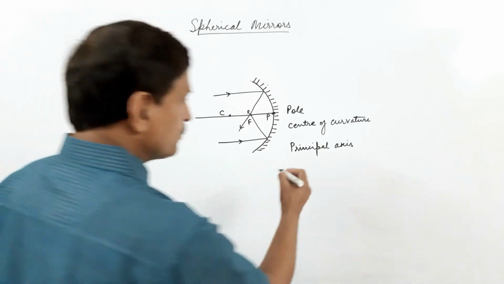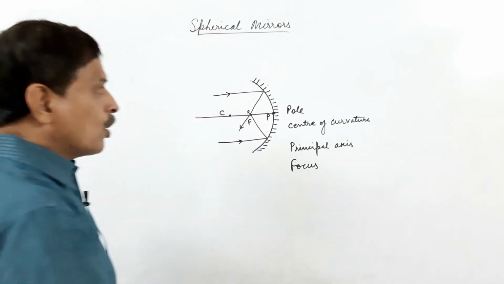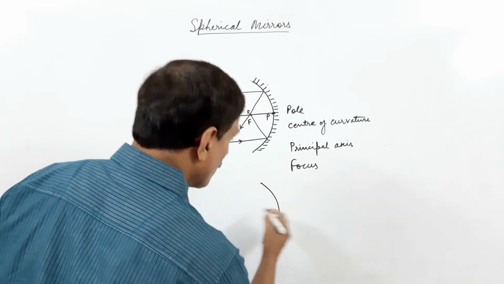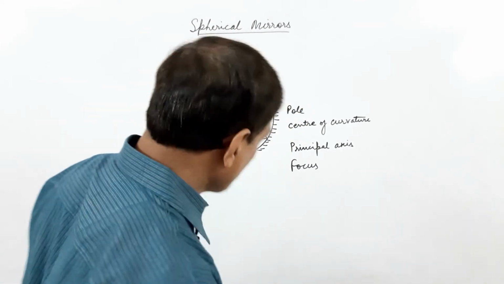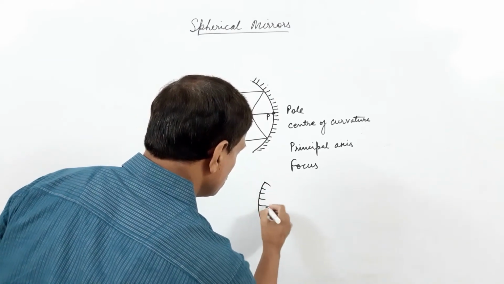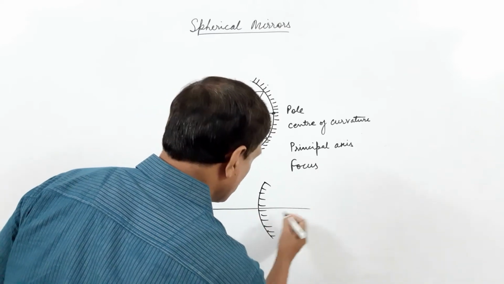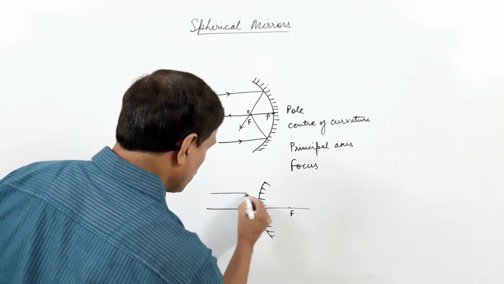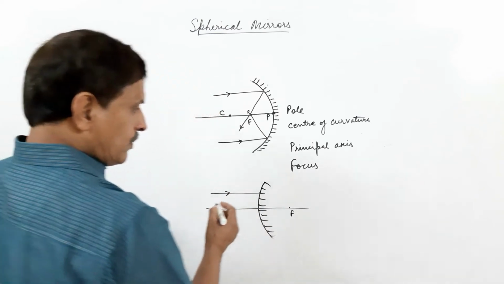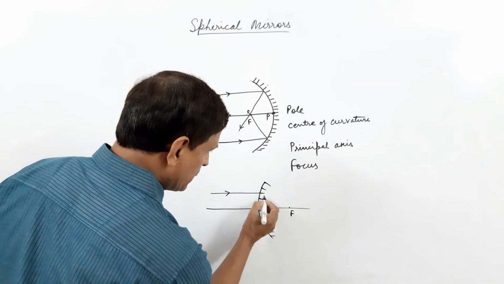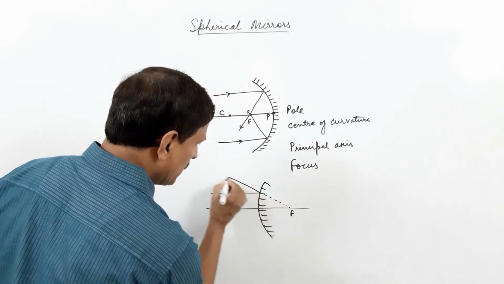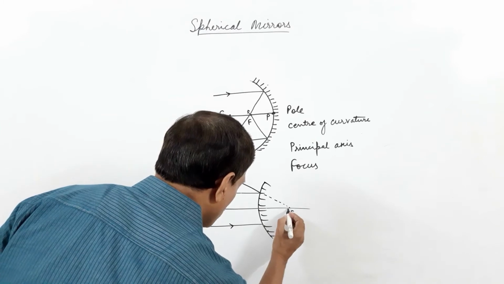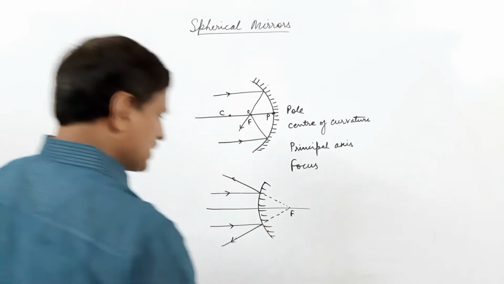In case of a convex mirror, it is a virtual point behind the mirror from where the light rays parallel to the principal axis, after reflection, appear to be coming or diverging.